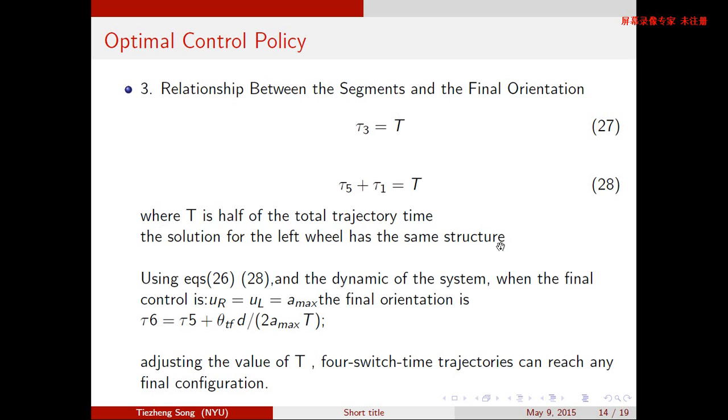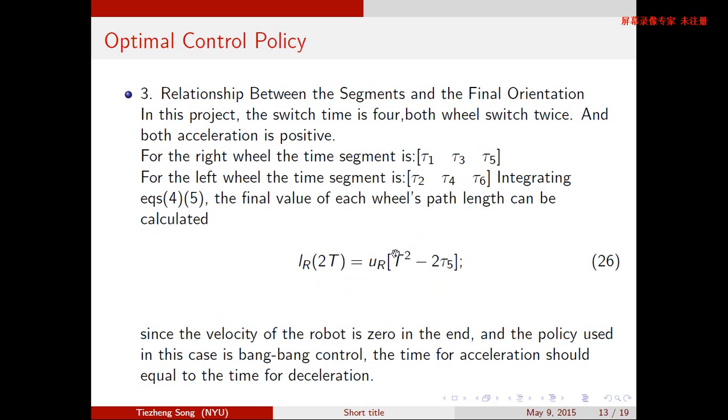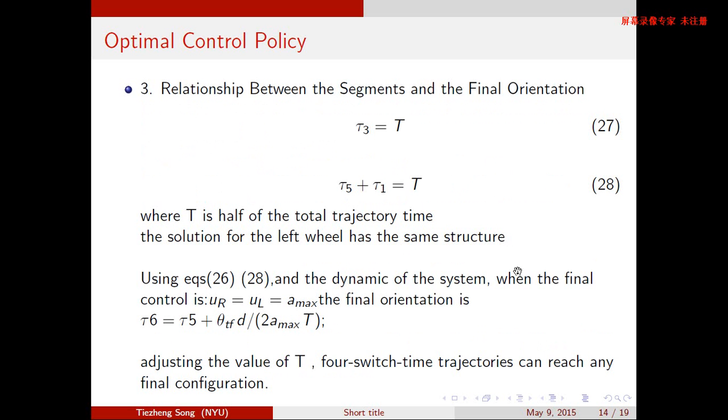The solution for the left whale has the same structure. Now using the equations from 26 to 28 together with the dynamics of the system, we can get the relationship between the final orientation and the time segments.